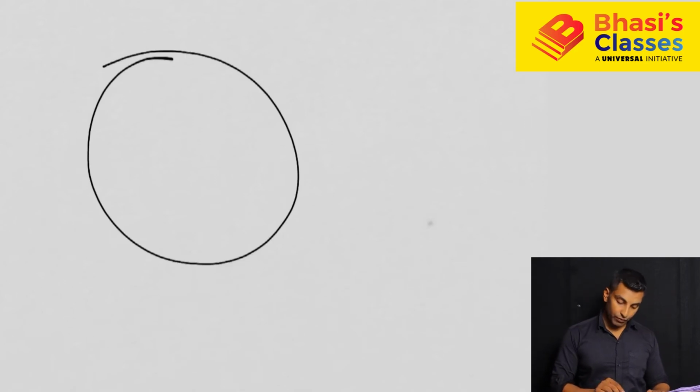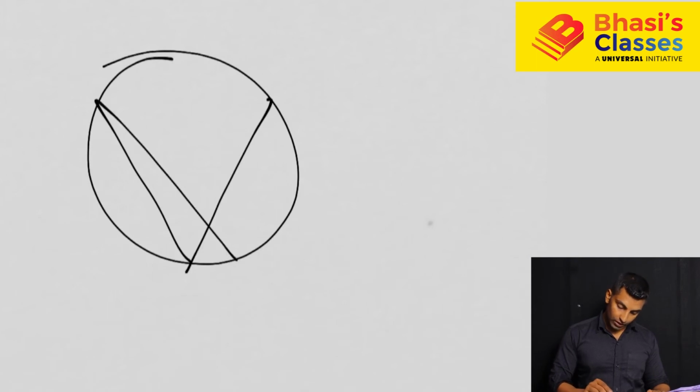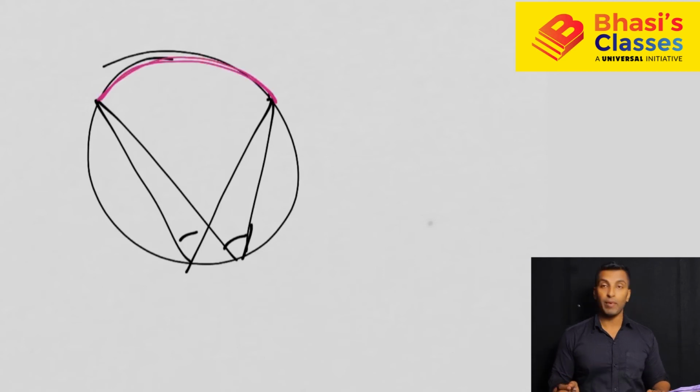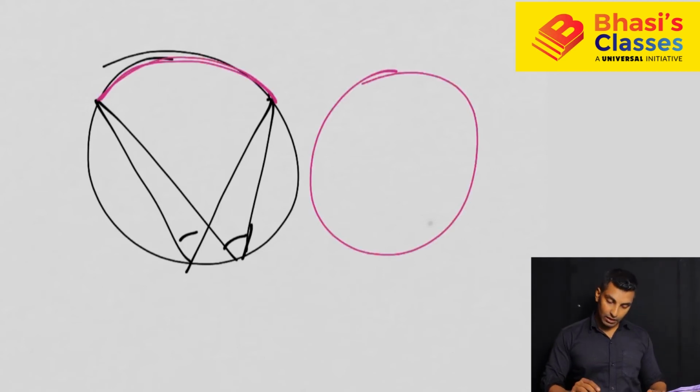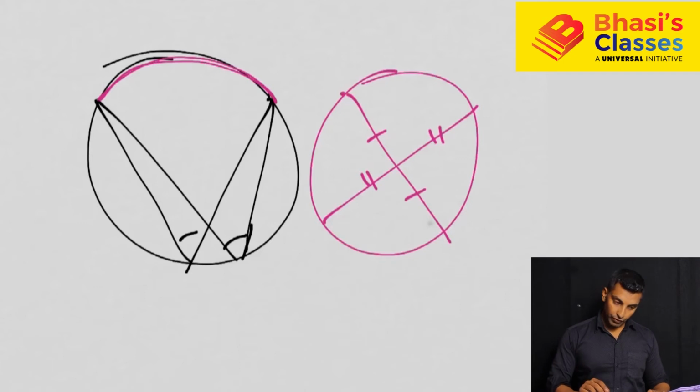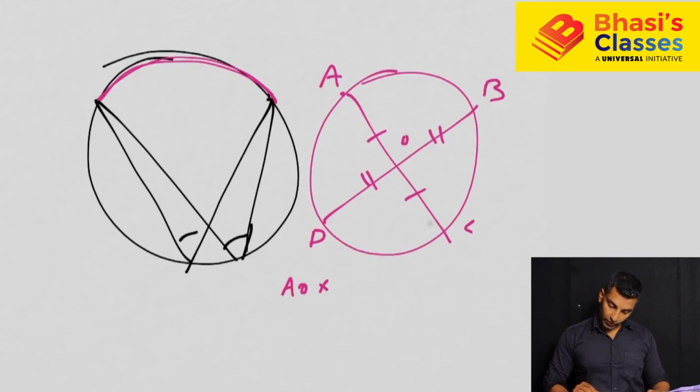So the simple thumb rule is, if you see an angle based question and 4 points on the circle, you can think of this: these two angles will be equal if they are coming from the same arc. And with 4 points again, if it is a length based question, you can just join the points, and then if it is A, B, C, D, with O as the intersection, AO into OC is equal to BO into DO.